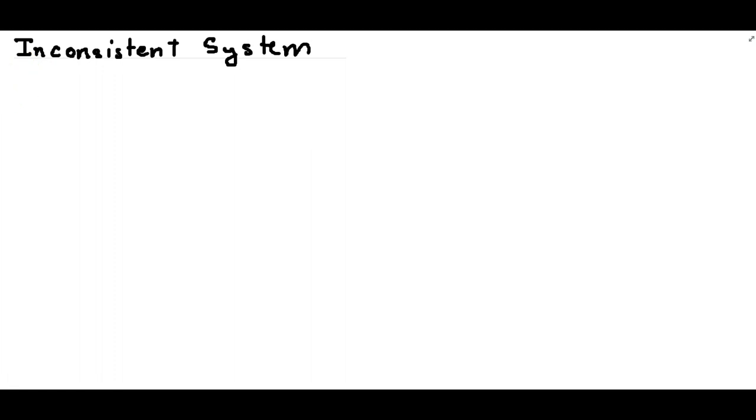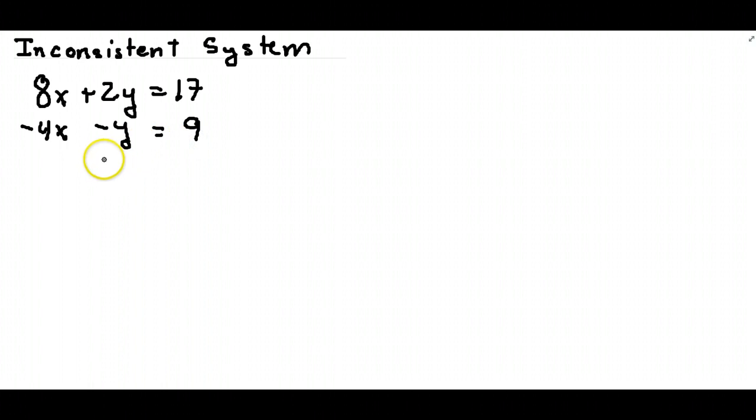So if we have two equations, the first one being 8x plus 2y equals 17, and we have negative 4x minus y equals 9. And we want to use the elimination method and solve for this.